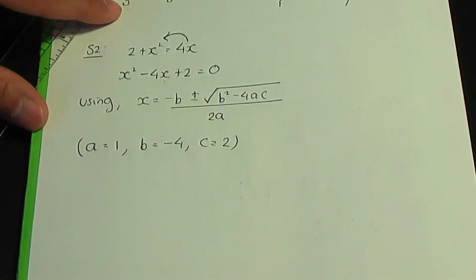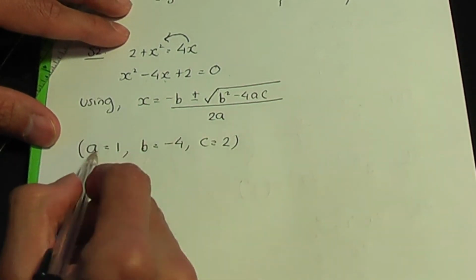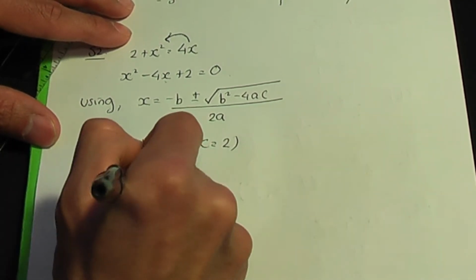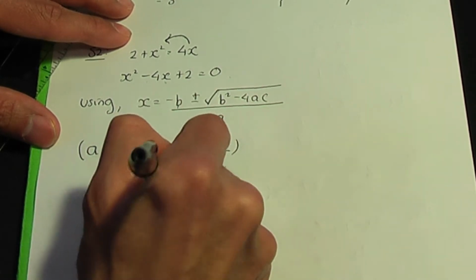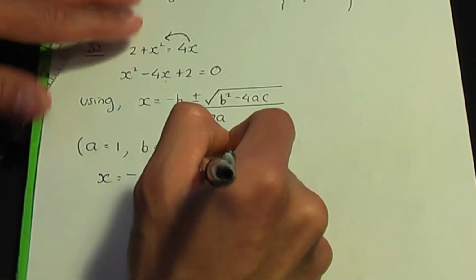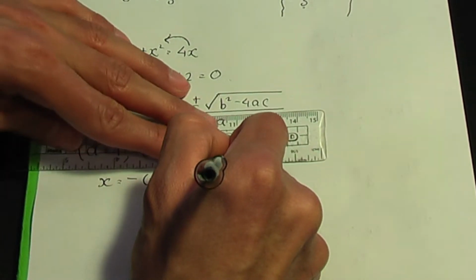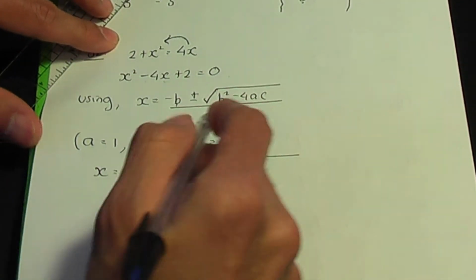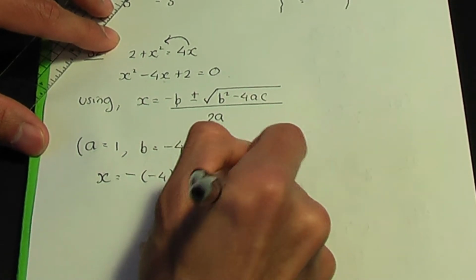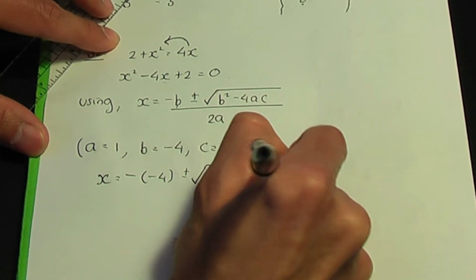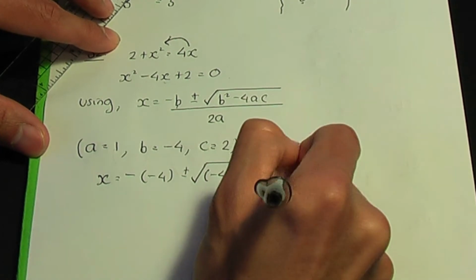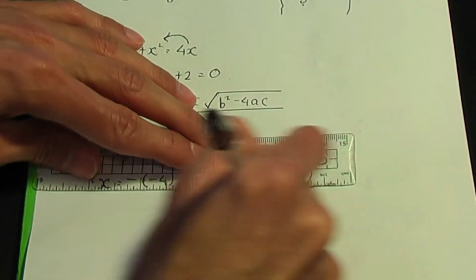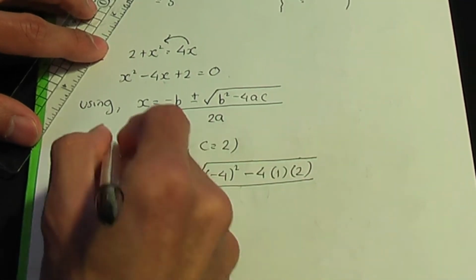With this being said, let's substitute a, b and c into the formula. So x is minus b, which is minus 4, plus or minus the square root of b squared, b is minus 4, so minus 4 squared, minus 4 into a, which is 1, c, which is 2, divided by 2 into a, which is 1.